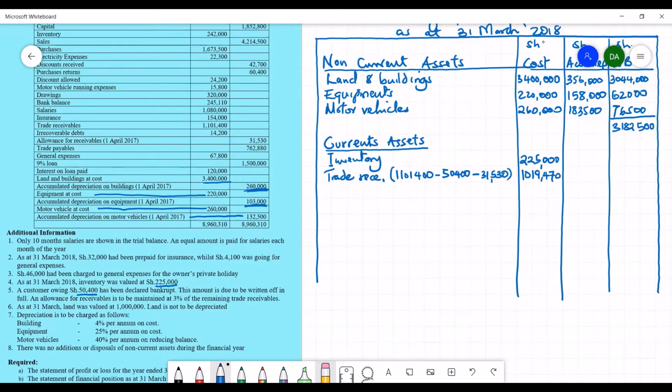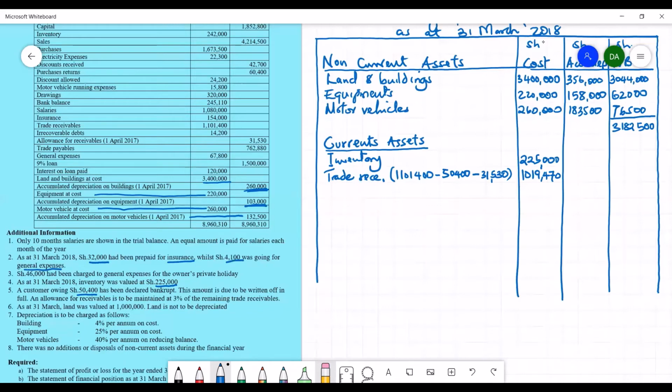Then we have prepaid expenses, which included prepaid insurance of 32,000, and also prepaid general expenses of 4,100.